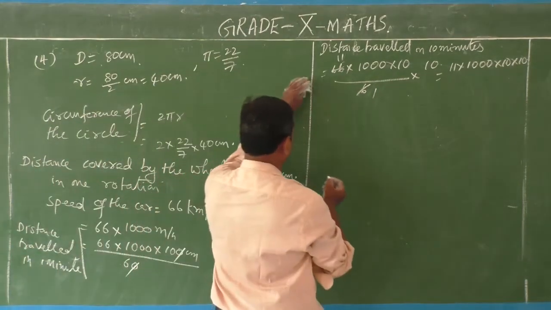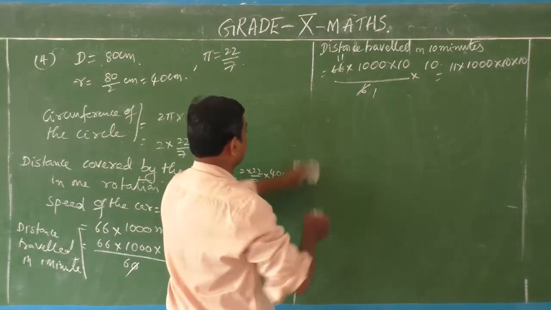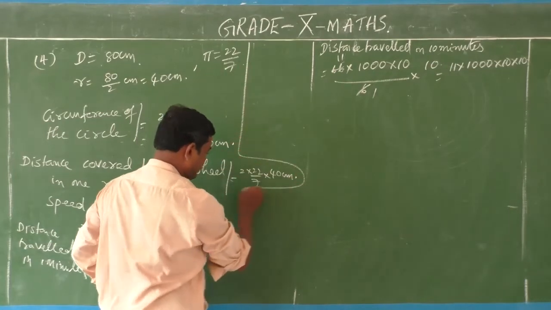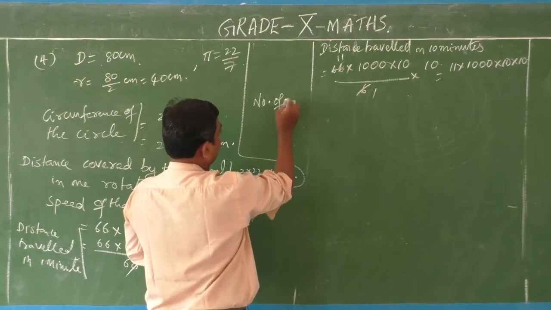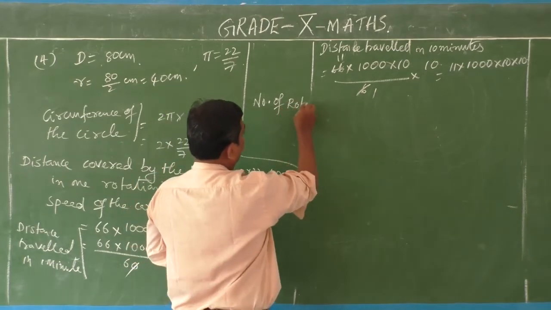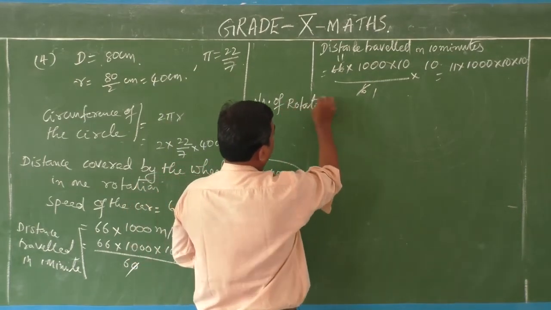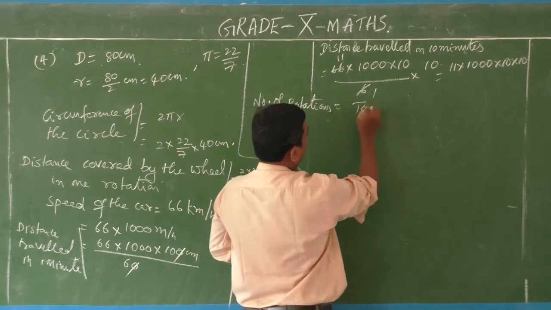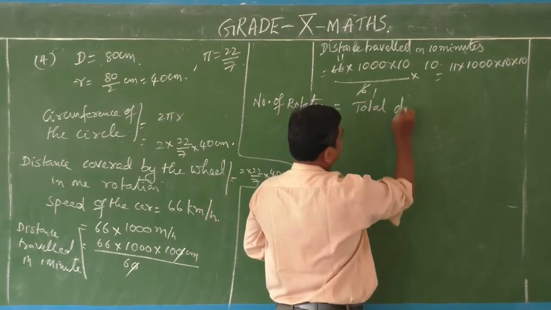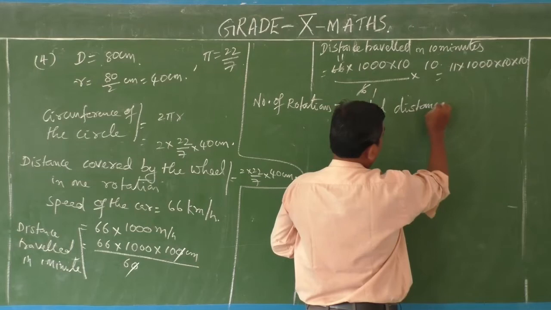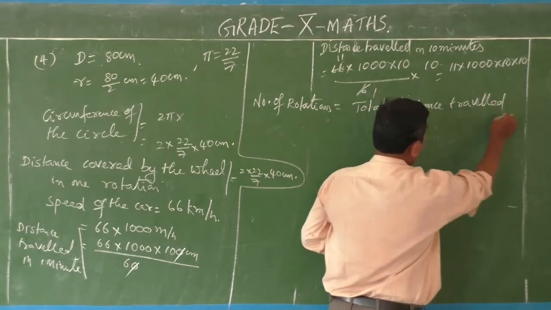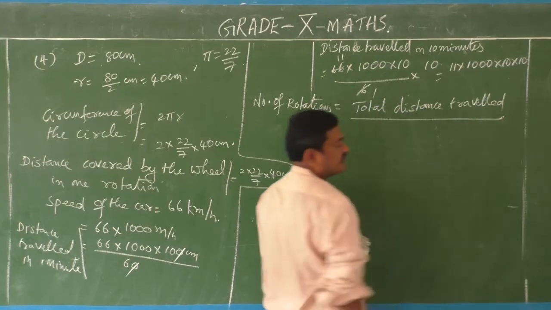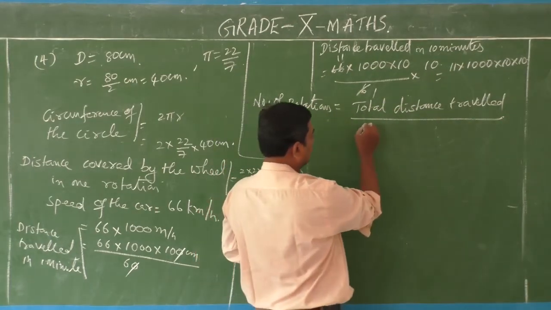Now what is our question? Number of rotations. Number of rotations equals total distance travelled by one circumference, or one rotation.